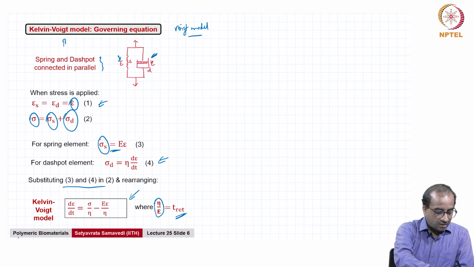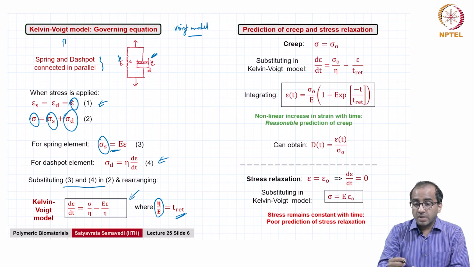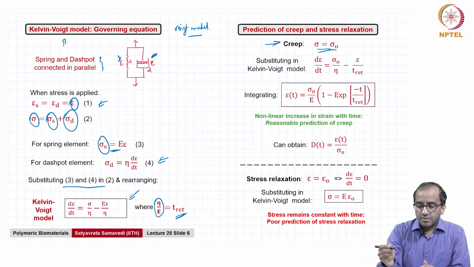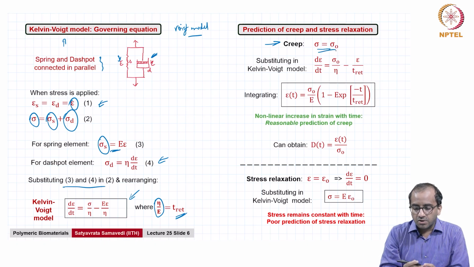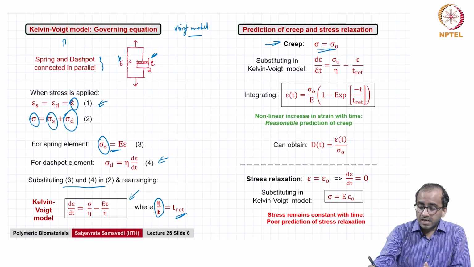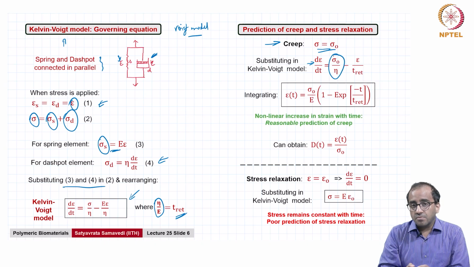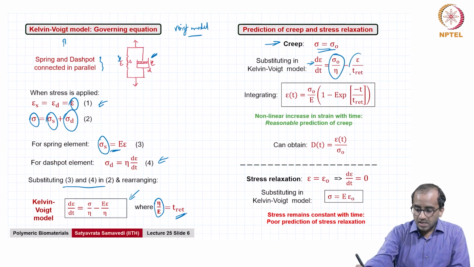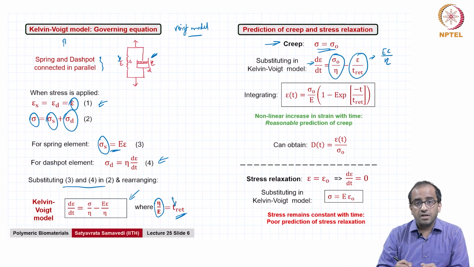So to do that, we first look at creep, and creep simply means the stress is held constant. So sigma is just sigma naught. Now if we substitute that in the Kelvin-Voigt model, you end up getting d epsilon dt is sigma naught over eta minus E epsilon over eta, where eta over capital E is T retardation as defined here.